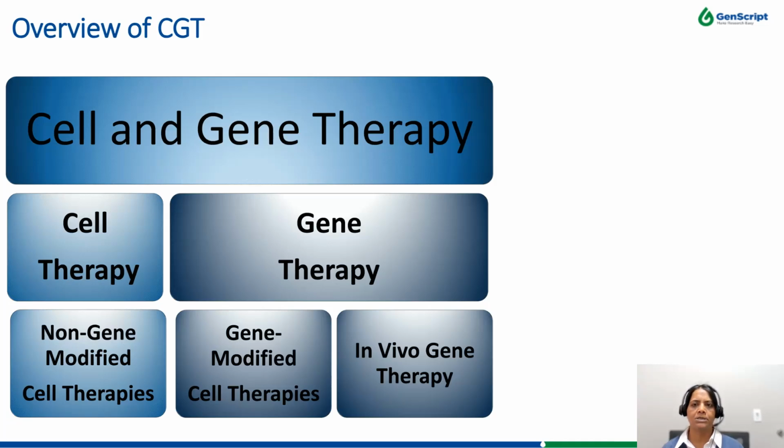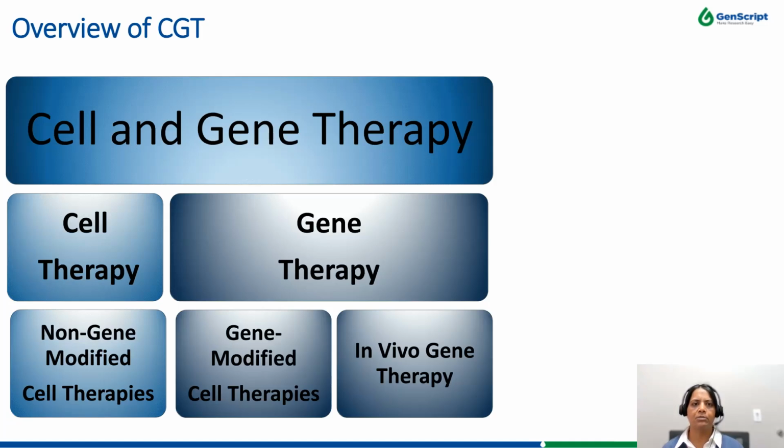On the basis of that, cell therapy can also be categorized into 2 types. One is non-gene modified cell therapy, which uses unmodified cells for treatment, and the other is gene modified cell therapy, where the genetic material of the cell is changed to enhance the therapeutic effect.